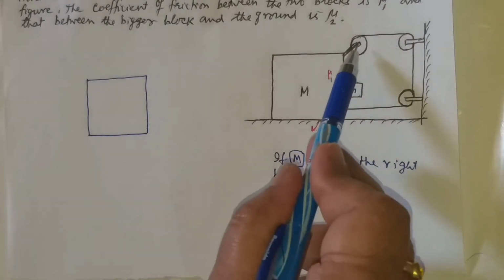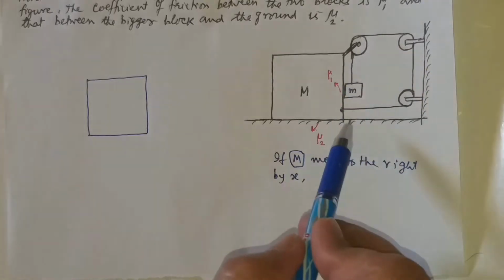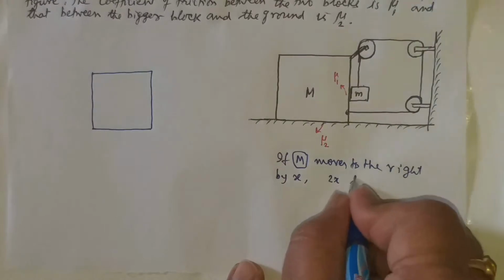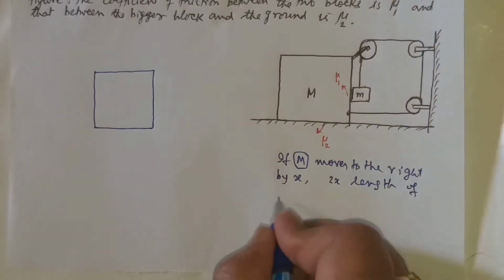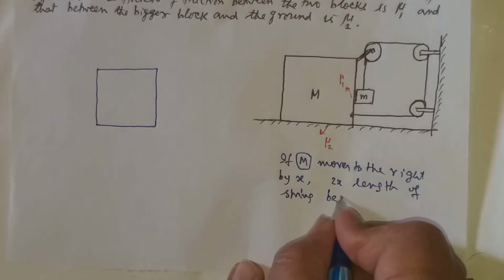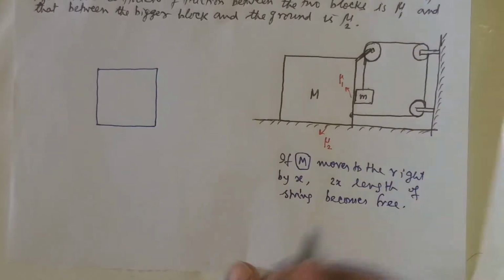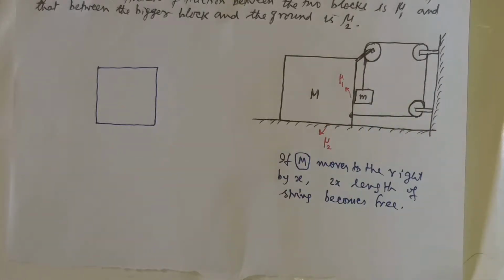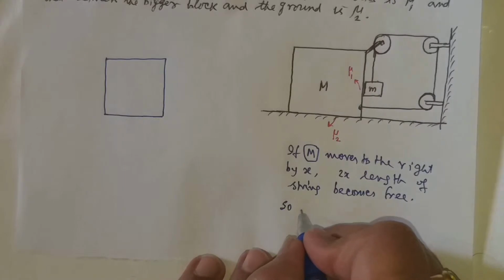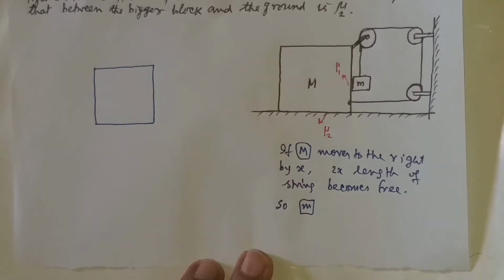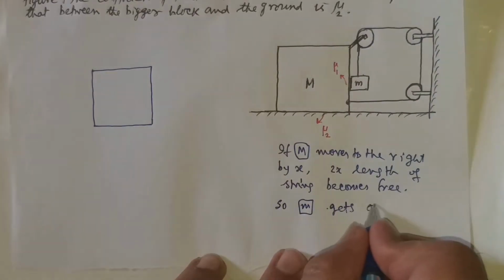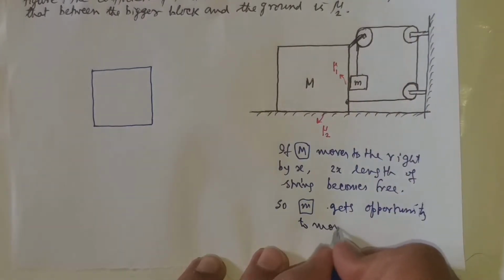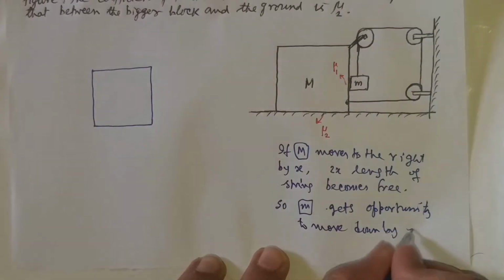This point and this point move to the right, so here x and here x, 2x length of the string becomes free, and as 2x length becomes free, this gives the small m, the suspended block I am talking about, the opportunity to move down by 2x.